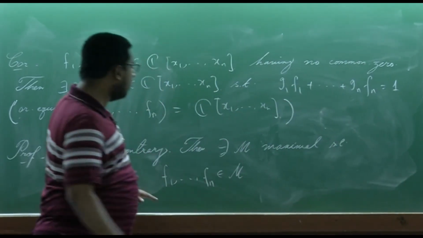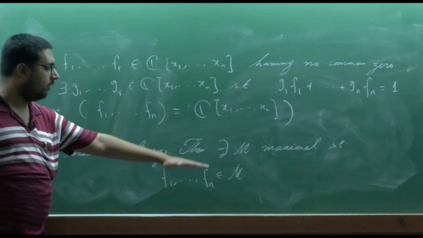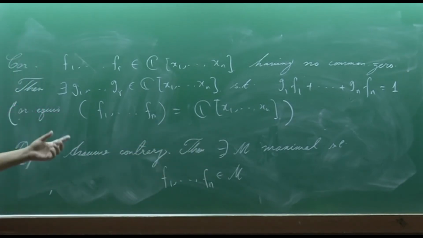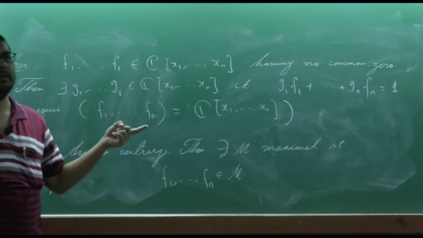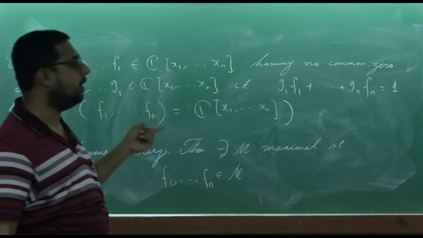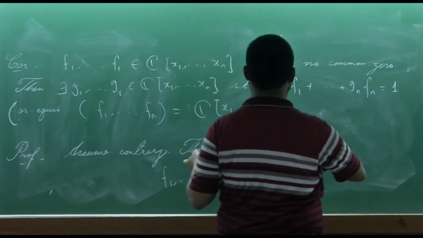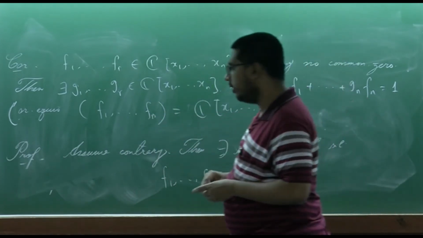Now, since there is a maximal ideal containing them, the variety defined by this set of polynomials cannot be empty, right. And that is a contradiction, because we have assumed there is no common 0.